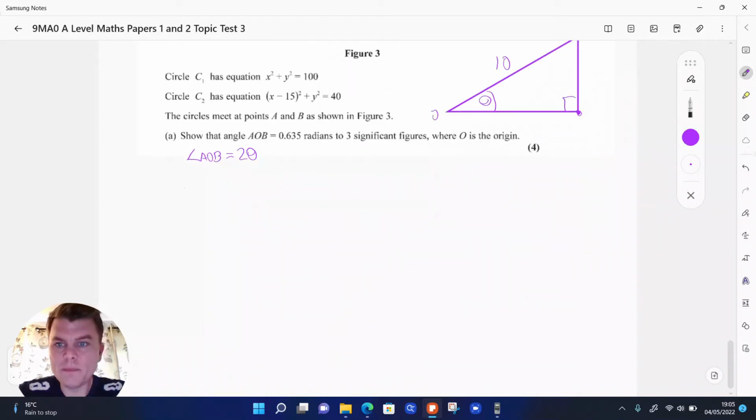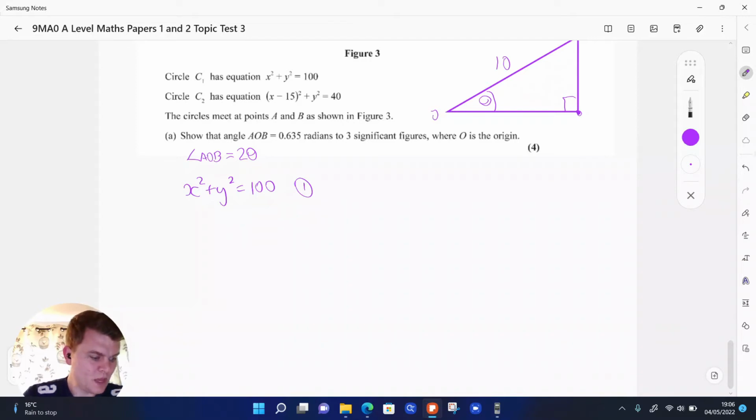We've got equation 1, which is x squared plus y squared equals 100. And we've got equation 2, which is there.